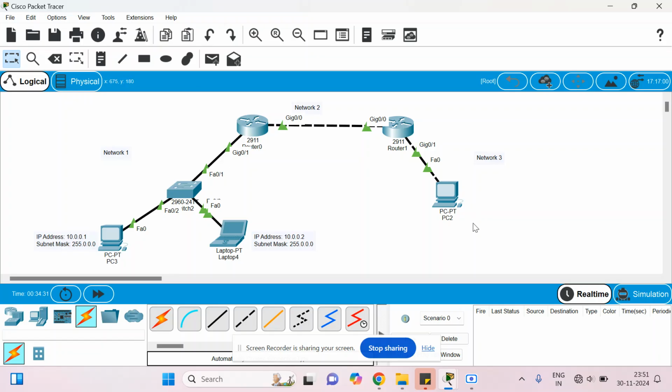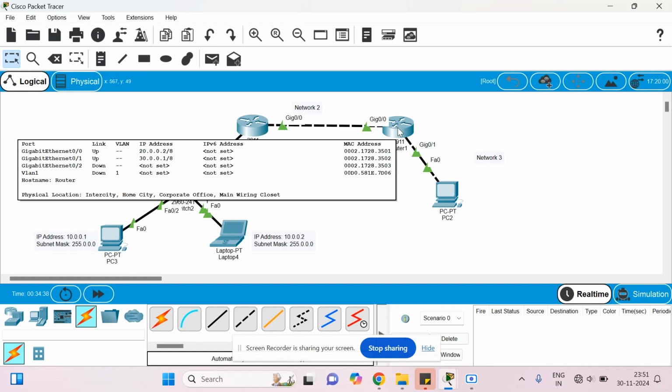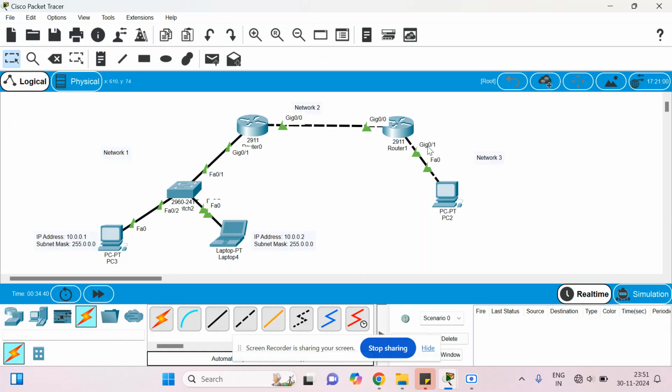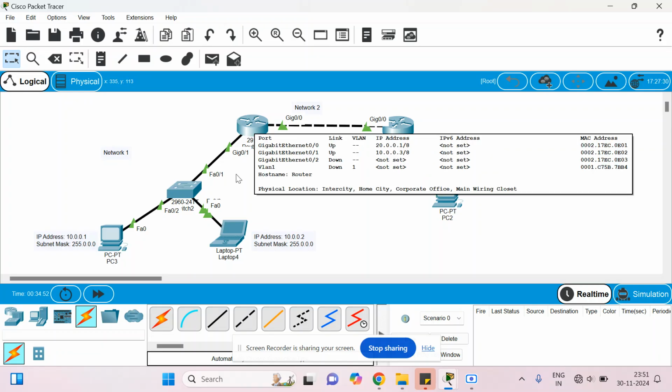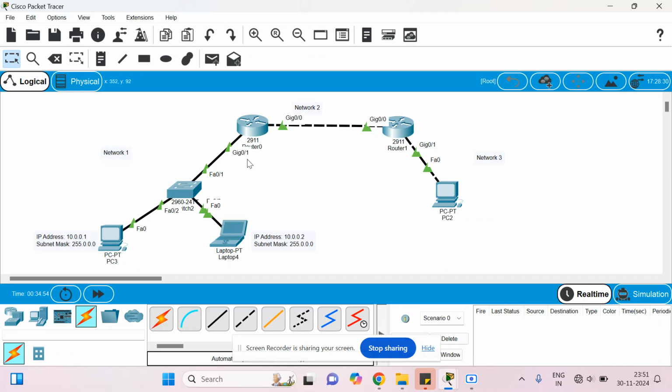And the second gateway is for this PC2, which is connected to the second router, whose interface is gig 0 by 1, which acts as a default gateway for PC2. So we have to give the gateways now.